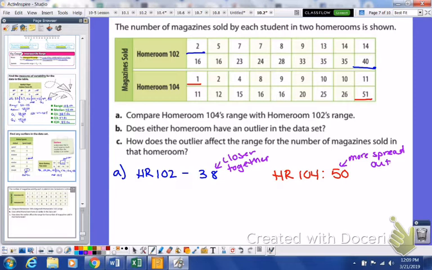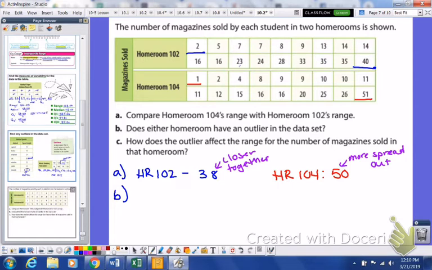Okay, we look at part B. Does either homeroom have an outlier in the data set? Well, if we look through, all of our numbers here are increasing by smaller numbers, 1 to 6. At most, we're jumping up 7 right here, but overall, they're pretty close together.